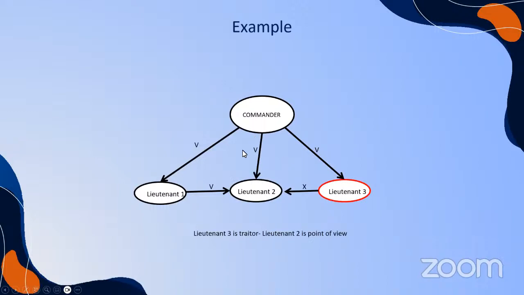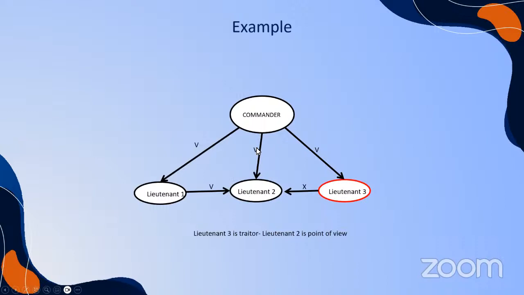We receive the input value V, and then we decide on the received input value as the basis of the output. In this figure, the commander sends the V message to all the lieutenants. Lieutenant 1, lieutenant 2, and lieutenant 3 all receive the V message from the commander. Lieutenant 1 sends the V message to lieutenant 2, but lieutenant 3 sends the X message to lieutenant 2.